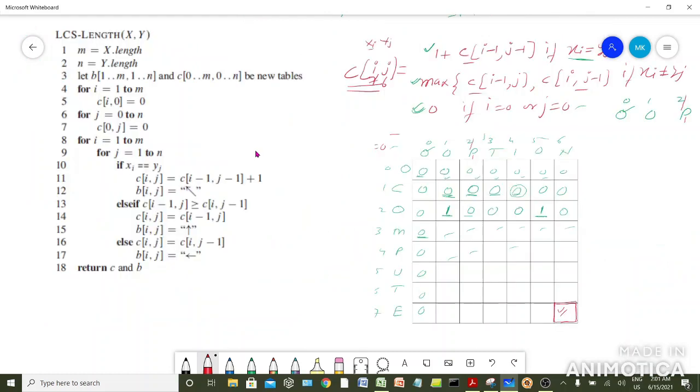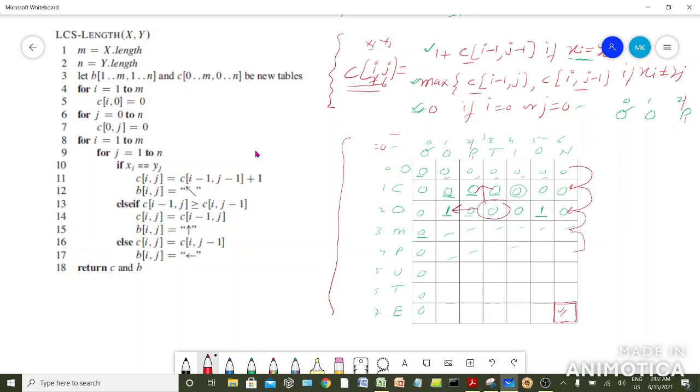Let us try to write the algorithm for the solution of this problem. So we already know that this was the recursive solution that we wrote, and this was the final table that we generated. The beauty of this table is that this row is going to be used for generation of this one, and this one is going to be used for generation of the next ones. Even within a row, some entries will be generated by using entries from the earlier row and some entries from the same row also.